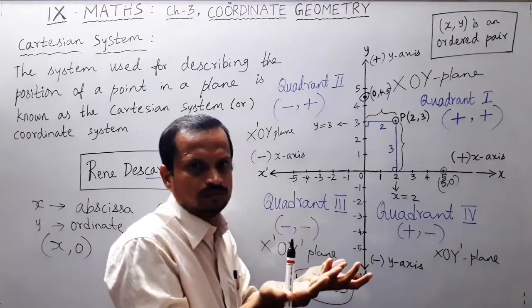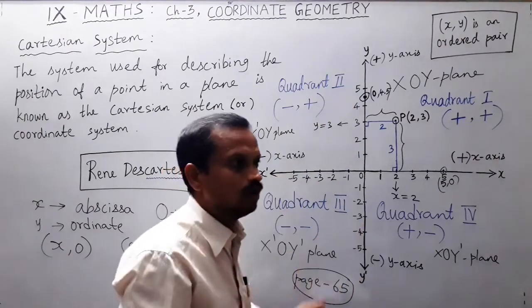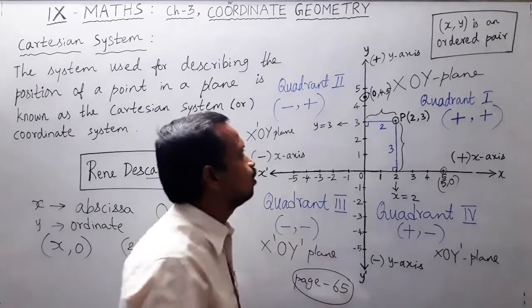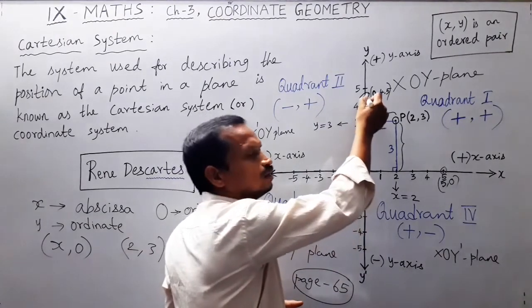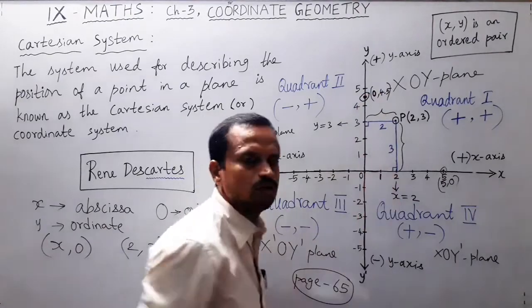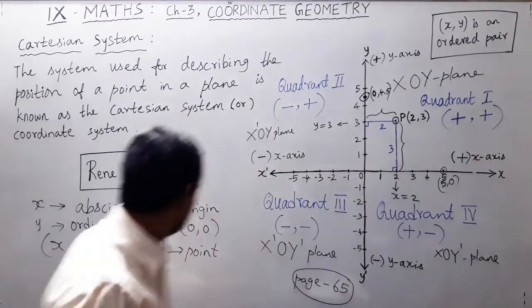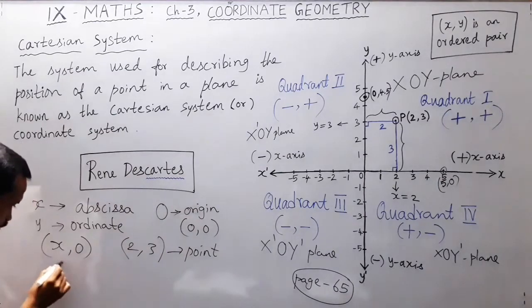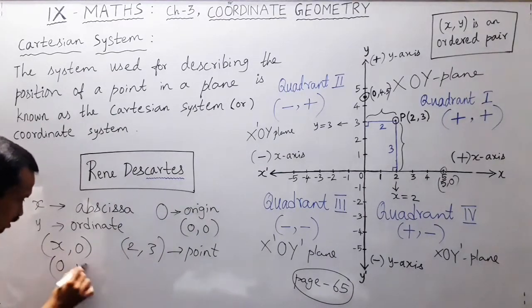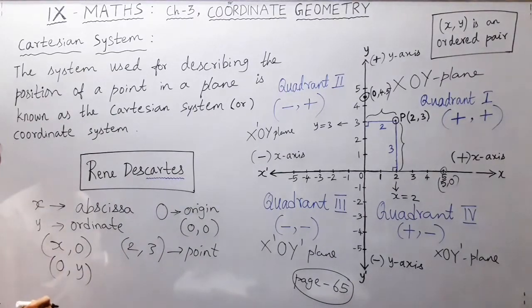So the x coordinate is 0, but y is 4.5. So the point is (0, 4.5). In general we can write (0, y) is the point on the y-axis. X is always 0 on the y-axis and y is any value.